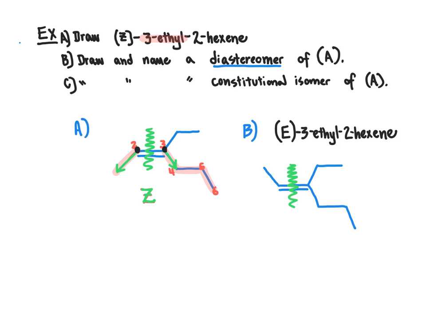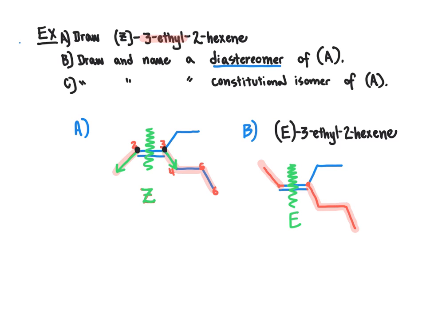At carbon number 3, that's this carbon right here, the higher ranking group bonded to that carbon is the group pointed downwards, so it's our group right here. At carbon number 2, that's the carbon right here, the higher ranking group is the methyl group. And so now the two higher ranking groups are oriented opposite to one another, one going up, one going down, and therefore we would refer to this molecule as being the E diastereomer.